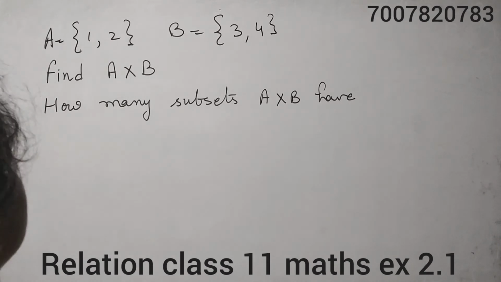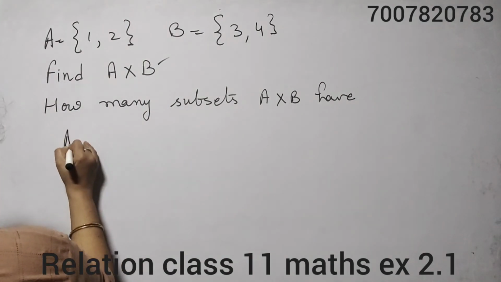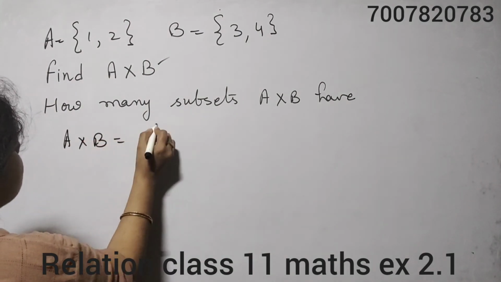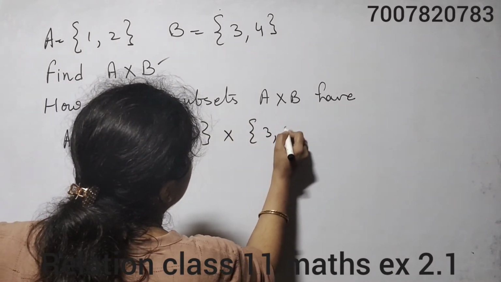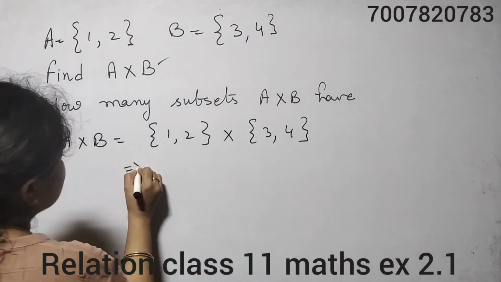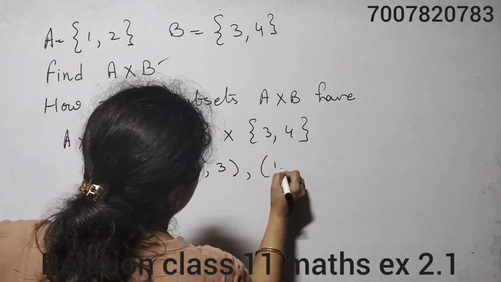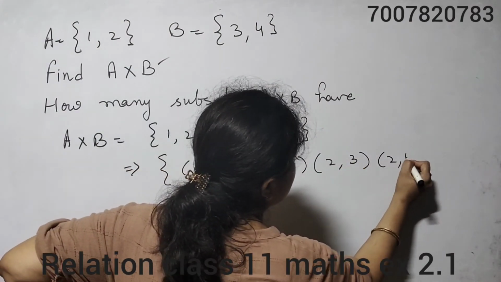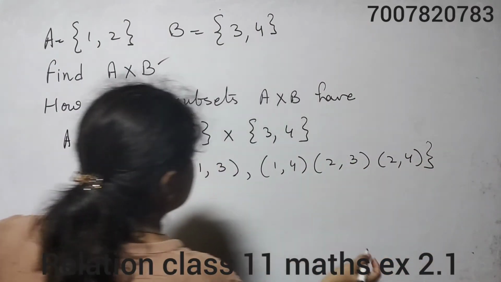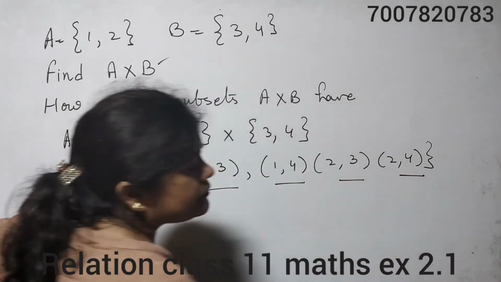Firstly, I am going to find A cross B. Now A cross B is equal to {1, 2} cross {3, 4}. That means A cross B is equal to {(1, 3), (1, 4), (2, 3), (2, 4)}. So you find 4 ordered pairs.